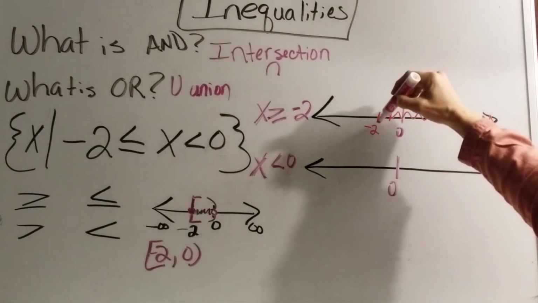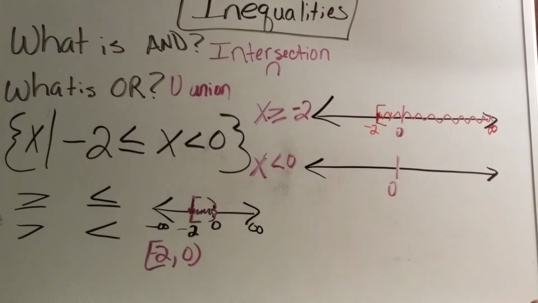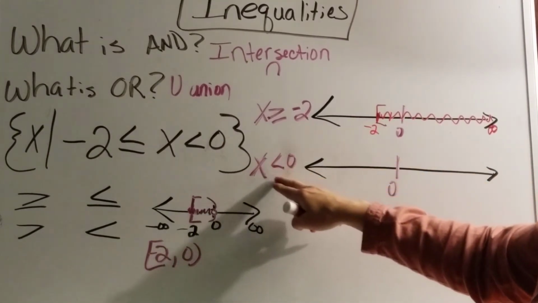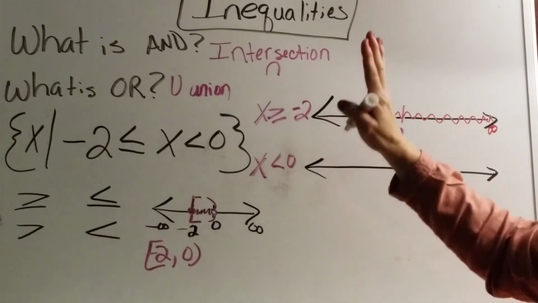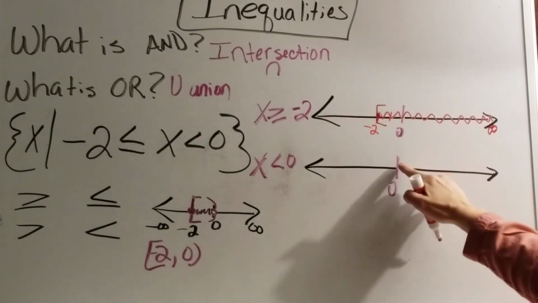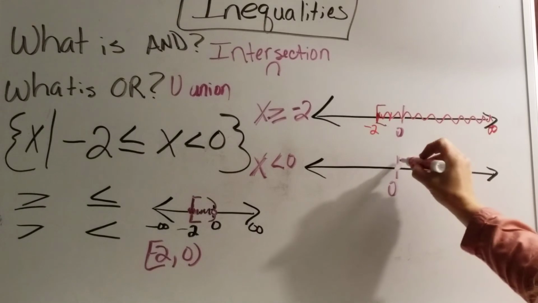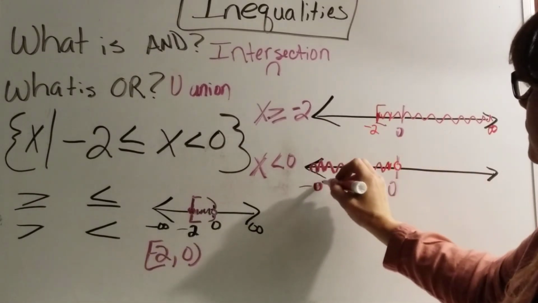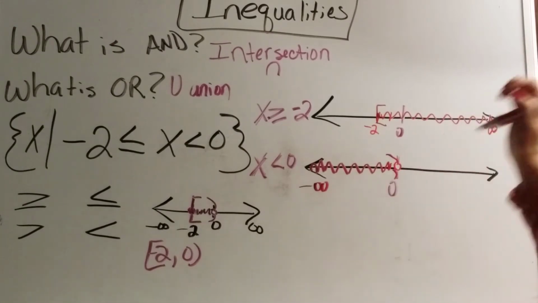And it's got an equal to sign, so I'm going to put a bracket, a closed circle on the negative 2. And then it says x here is less than 0. No equal to, so it's an open circle here. And it says less than, so we're going to go off to negative infinity. I'm going to put a parentheses.